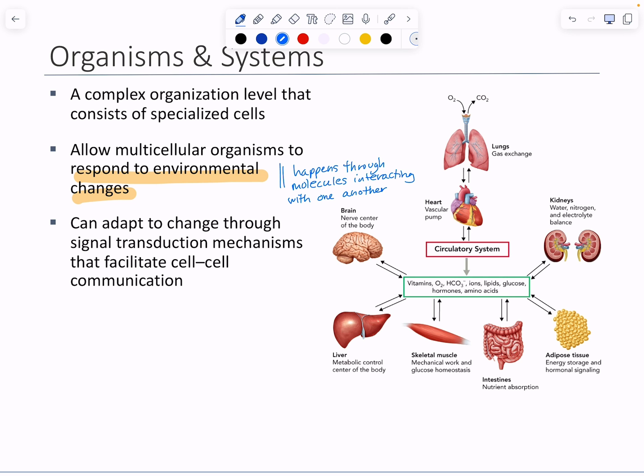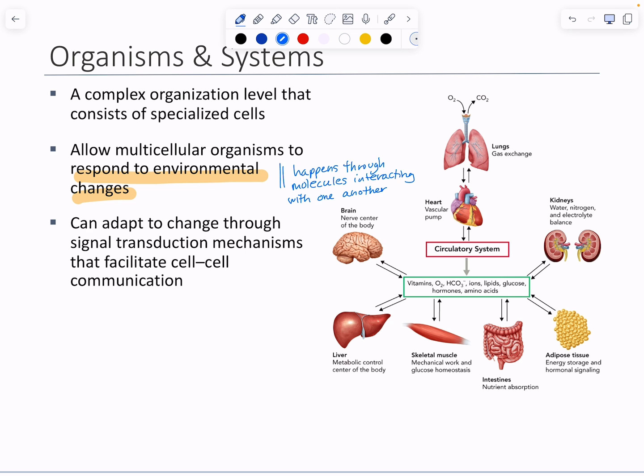If I push down on my arm, the way that I sense that pressure is through conformational changes in molecules that then transmit a signal. It can be an electrical signal, but even electrical signals involve the movement of ions when we're talking about nerve conduction.